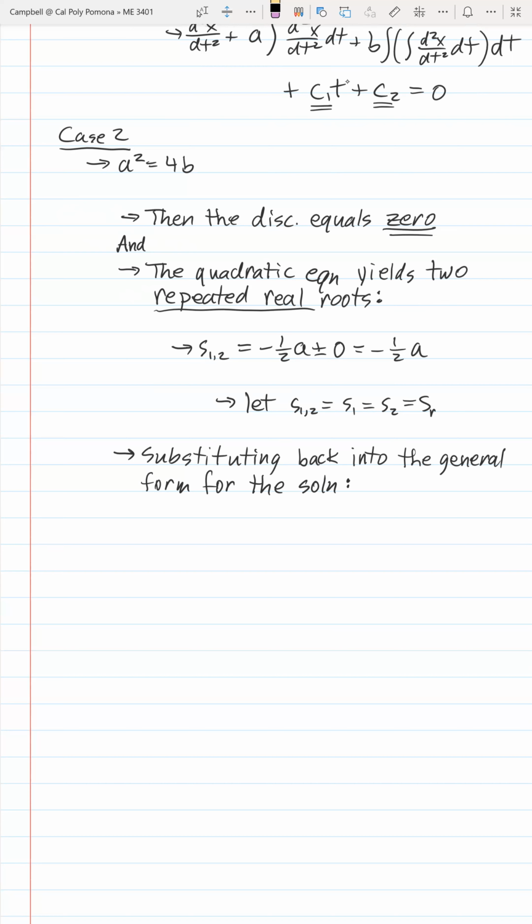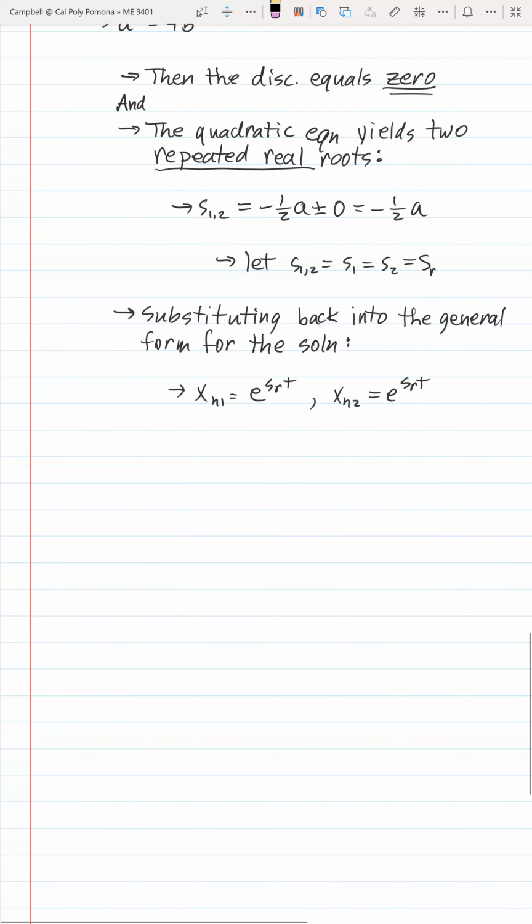Well, we get xh1 is equal to e to the SRT. We get xh2 is equal to e to the SRT. That's not looking terribly good.